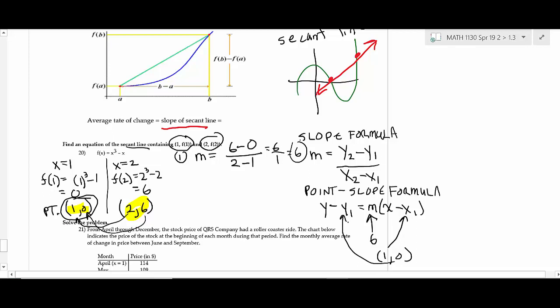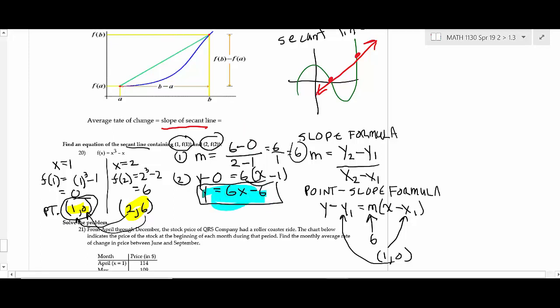So what you end up having is y minus 0 equals 6 times x minus 1. You've got to plug the slope in, and it doesn't matter which point you plug in because you're going to get the same answer anyway. So that would give y equals, and when you do the distributive property, 6x minus 6. So that would be the solution to the problem.